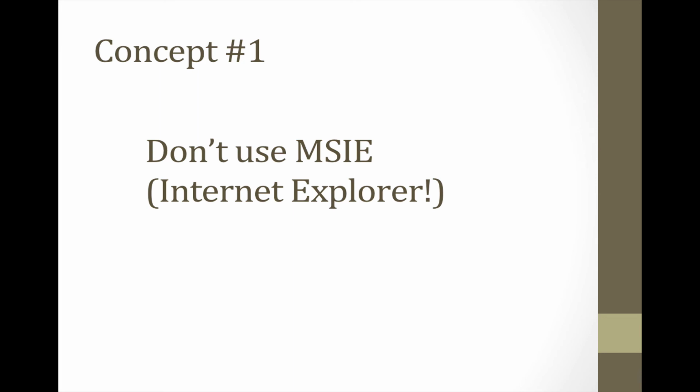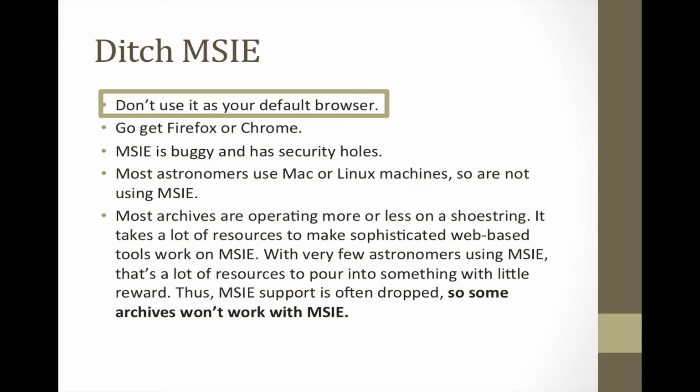So the first big concept I want to cover is just don't use Microsoft Internet Explorer. Just don't do it. Just ditch it. Go get Firefox, go get Chrome. The browser that comes with the operating system on Windows machines is just buggy, and it has huge security holes. Most astronomers are on Mac or Linux machines, and so we're not using Internet Explorer in the first place.